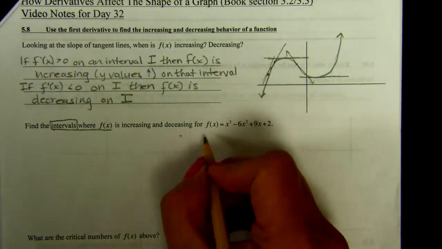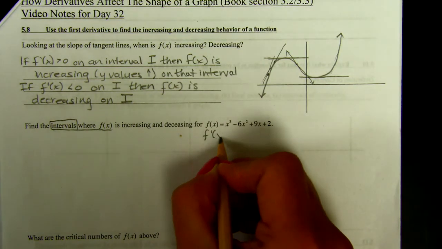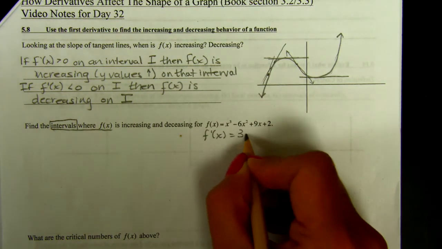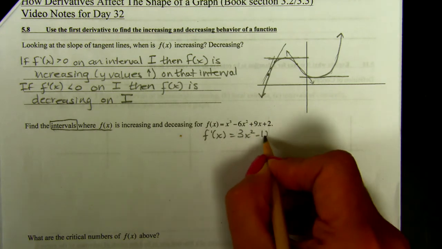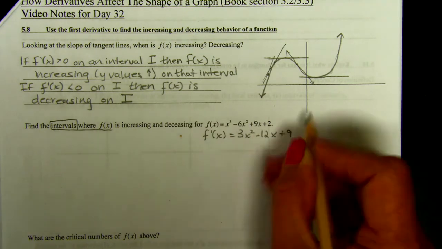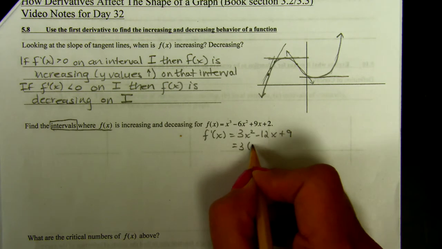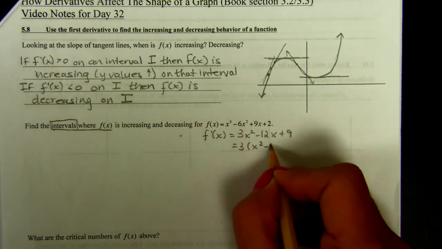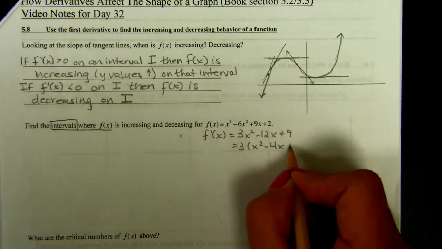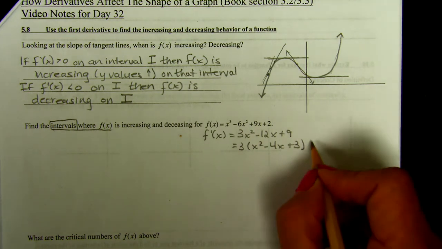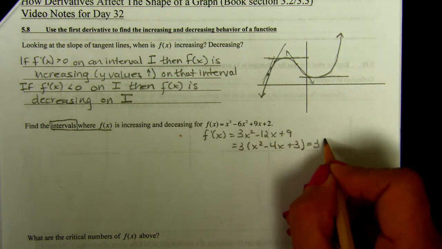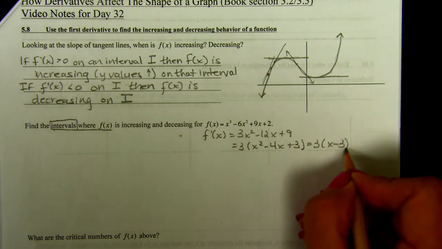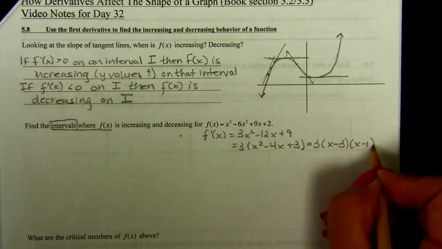So if I were to find this derivative, it would be 3x squared minus 12x plus 9, and I'm going to go ahead and factor out a 3, so that would be x squared minus 4x plus 3, and then that factors into x minus 3, x minus 1.